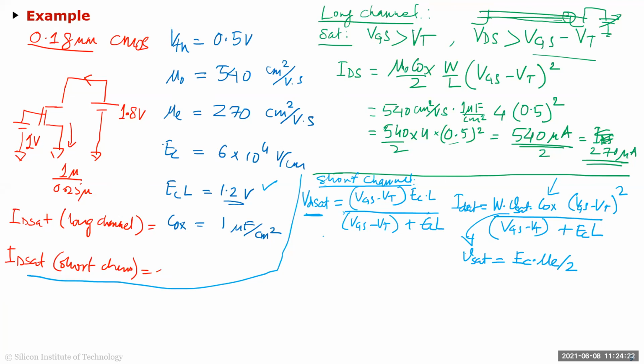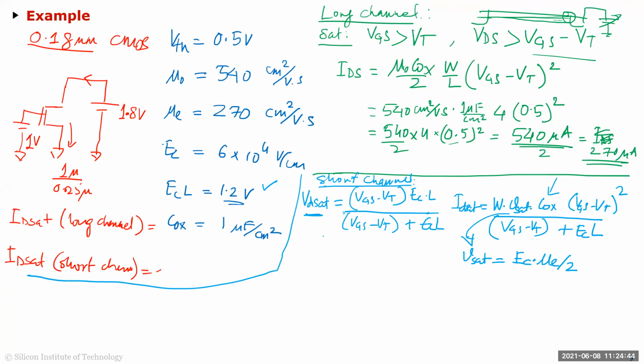Obviously VDS is greater than VDSAT here, and you can see now that saturation happens earlier. In the case of the long channel, we said saturation happens at 0.5 volts, but in reality it actually happens at 0.35 volts. Now calculate the current.